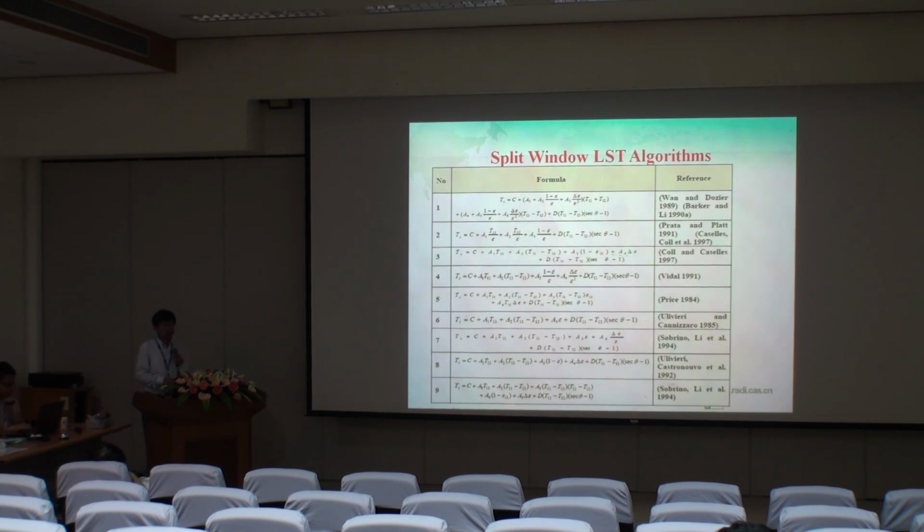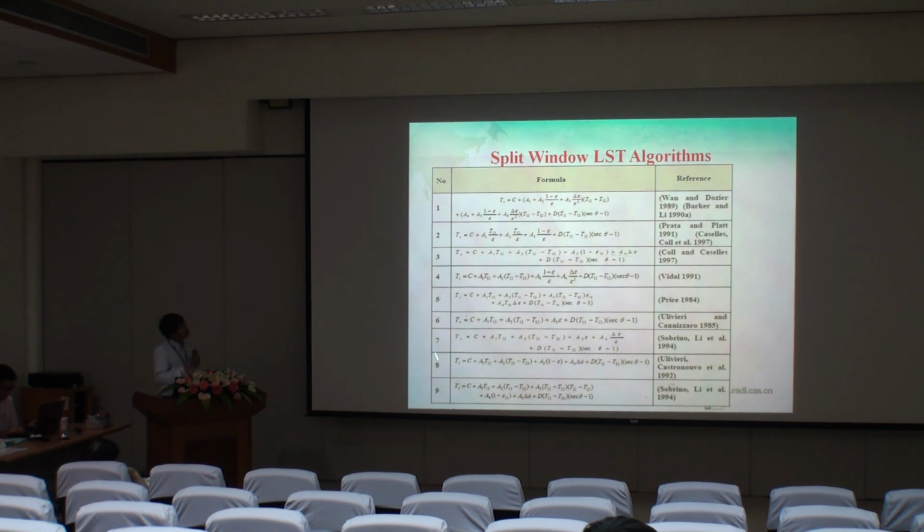And for the split window algorithms, they are widely used for the AVHRR sensor. So we have a lot of split window algorithms. As we know, the split window algorithms were successfully used for sea surface temperature retrieval, so they have been operationally used. But for land surface temperature, up to now, the split window algorithms face several challenging issues, because the land surface temperature accuracy is not so good up to now.